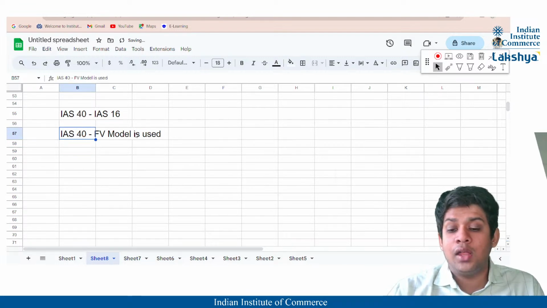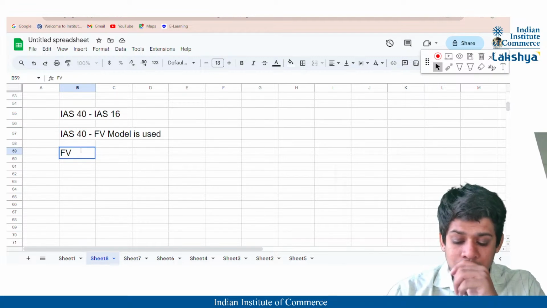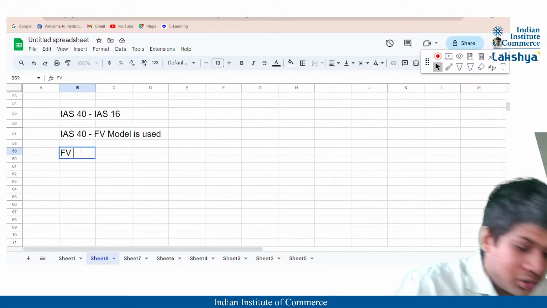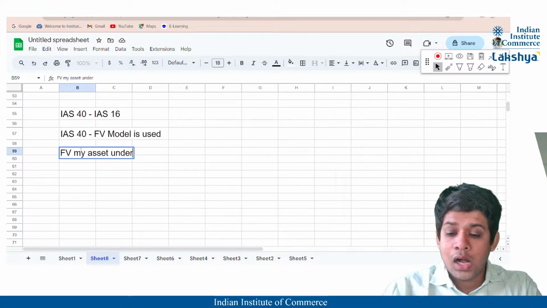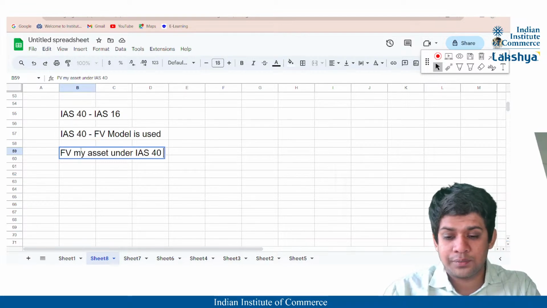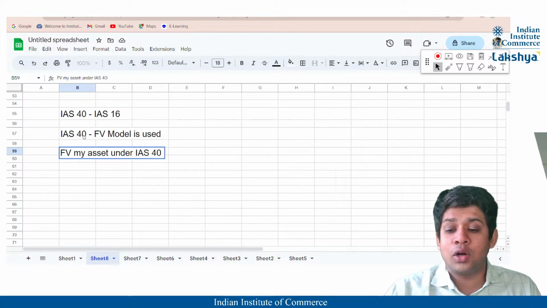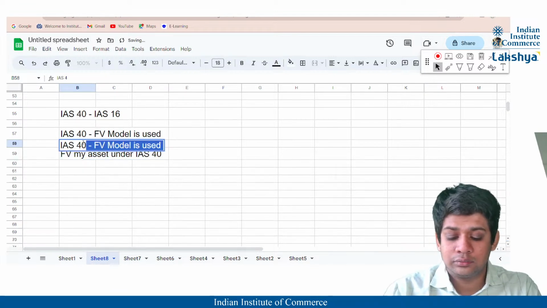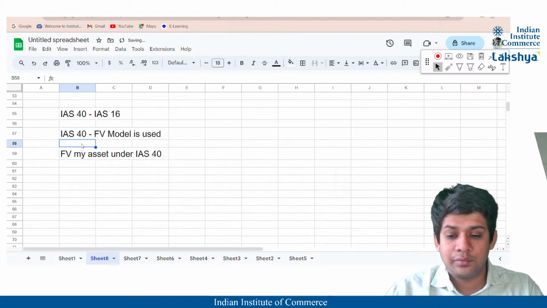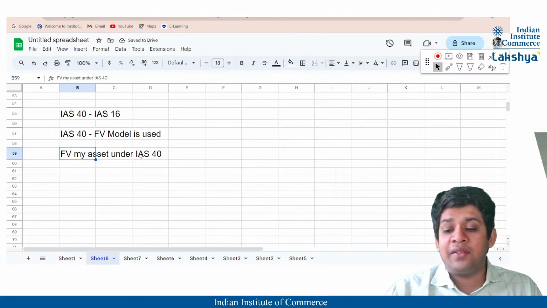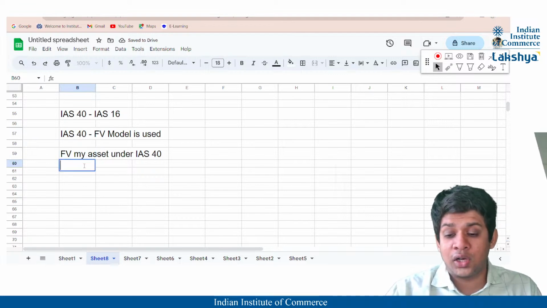If under IAS 40 the fair value model is used, then I will fair value my asset first under IAS 40.